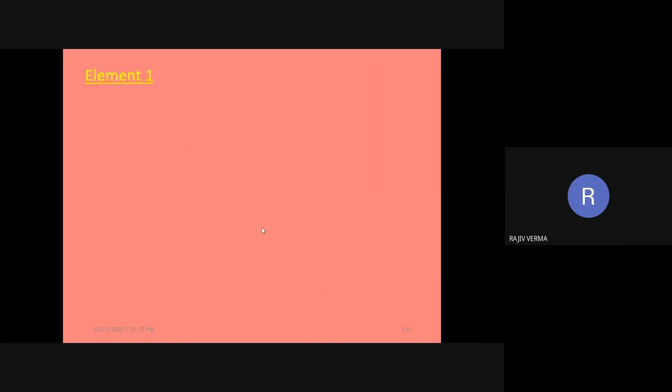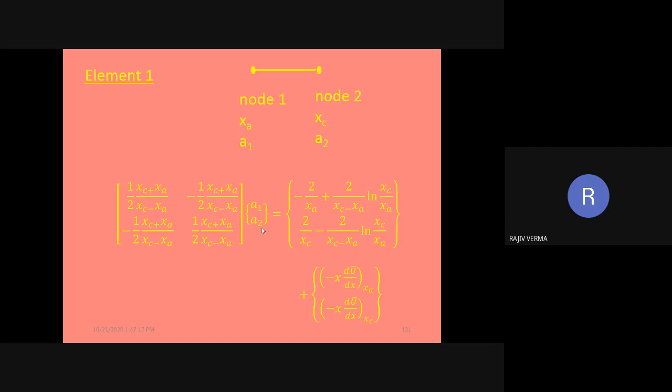So for element number 1, we have the two nodes at xa and xc. Two unknowns are a1 and a2, and we get the equation for the first element.